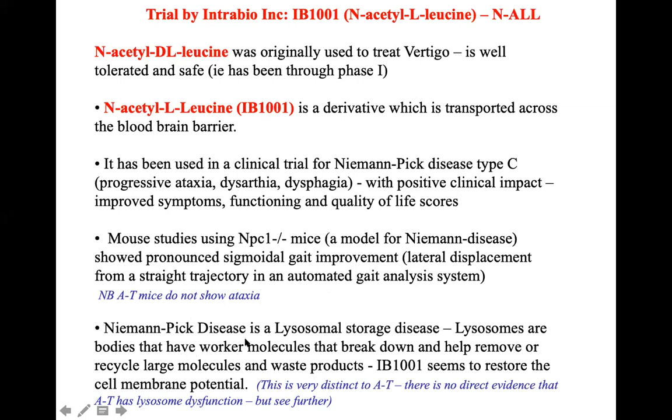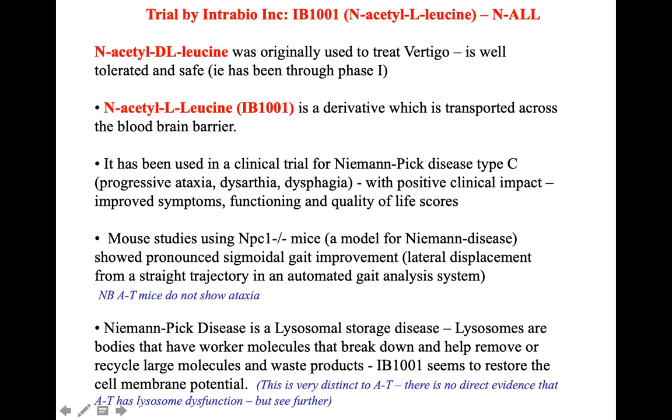So Niemann-Pick disease is what we call a lysosome storage disease. And lysosomes are the bodies in our cells that have worker molecules, and they break down and help to remove or recycle larger molecules and waste products. And IB1001 seems to restore that function.